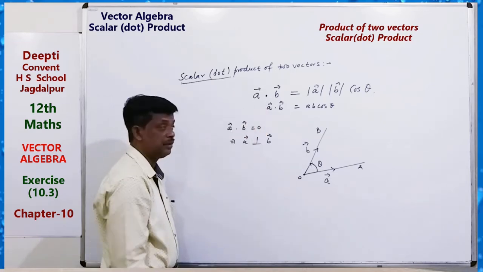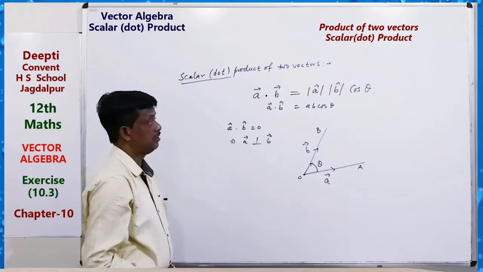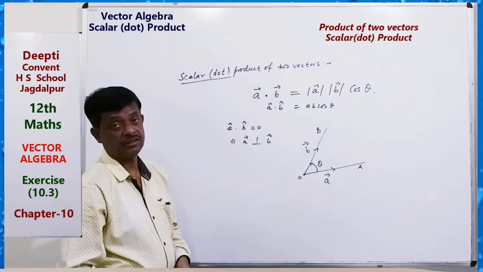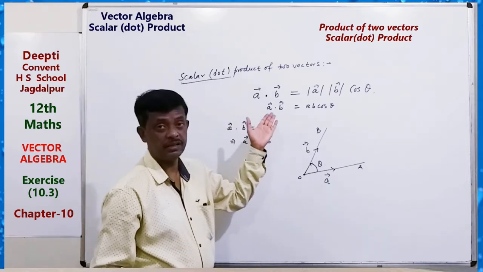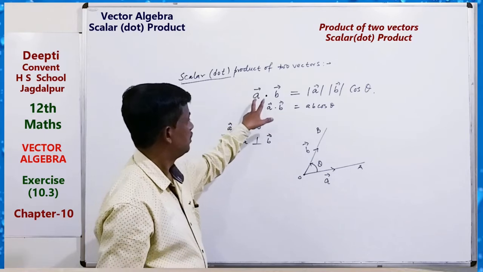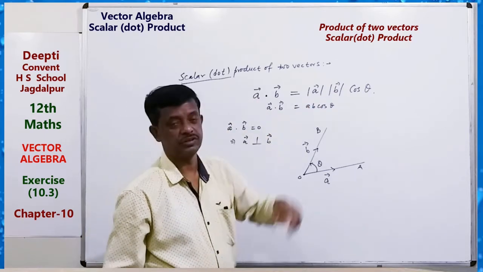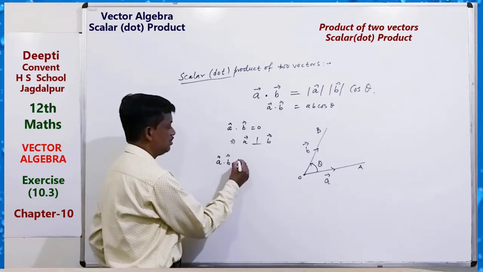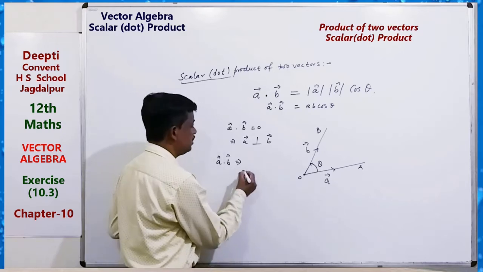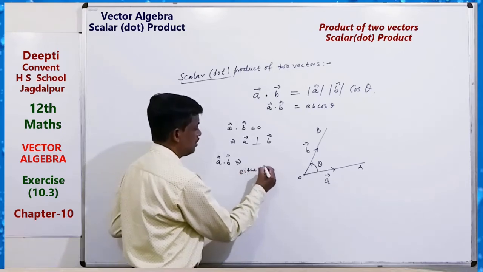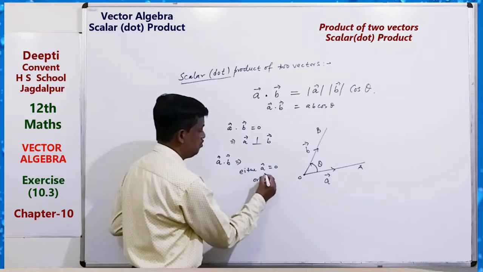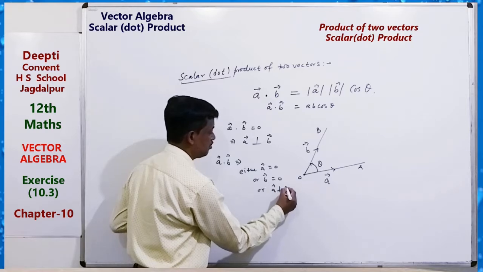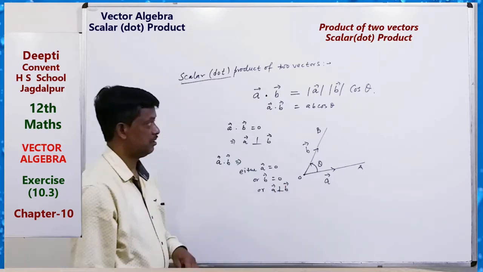Also, if either A equals 0 or B equals 0, then A dot B equals 0. That is, if A dot B equals 0, then either A equals 0 or B equals 0 or A is perpendicular to B. Clear?